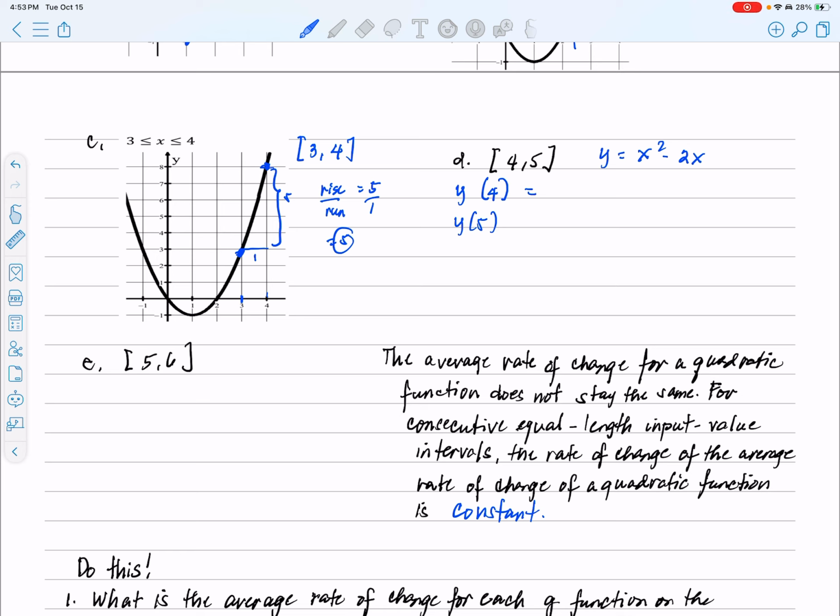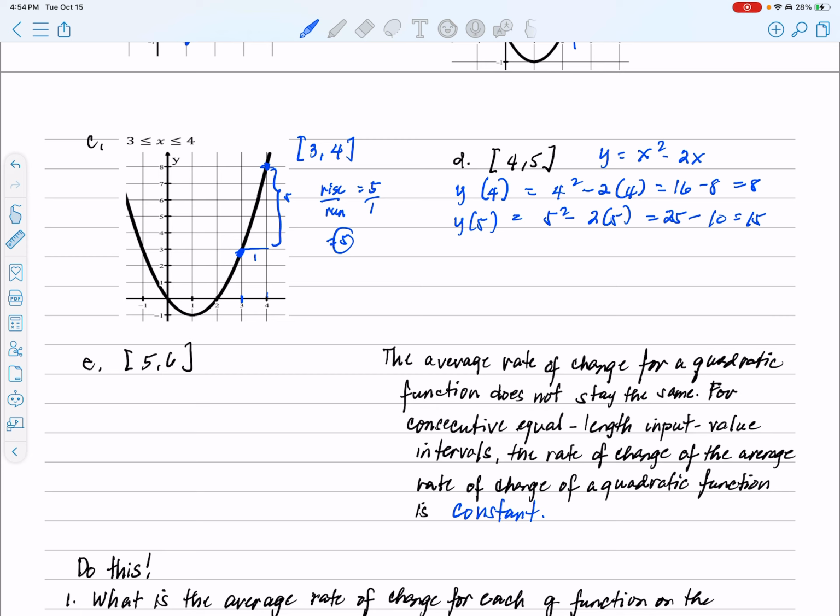Let's do this. 4 squared minus 2 times 4. We substitute the input value. So that will be 16 minus 8. You have 8. In 5, you have 5 squared minus 2 times 5. So you have 25 minus 10, and that is 15.